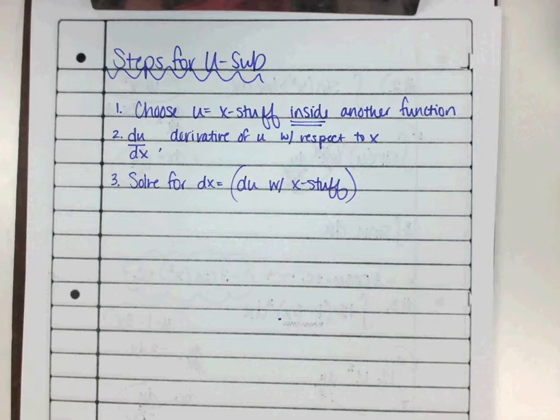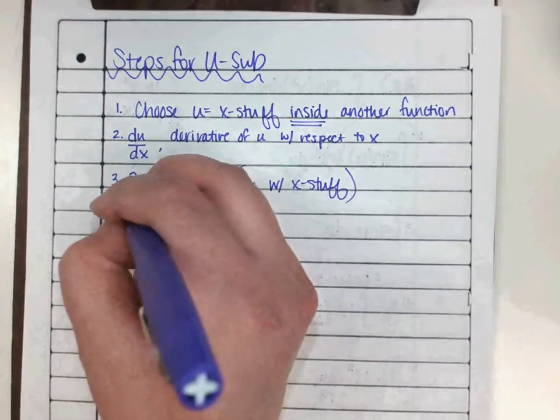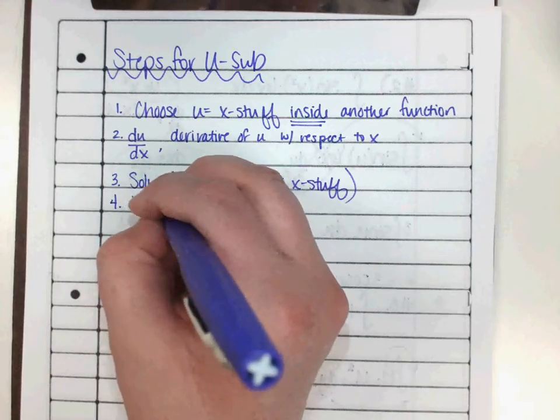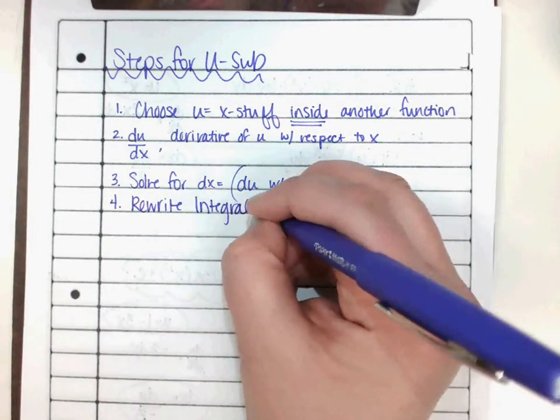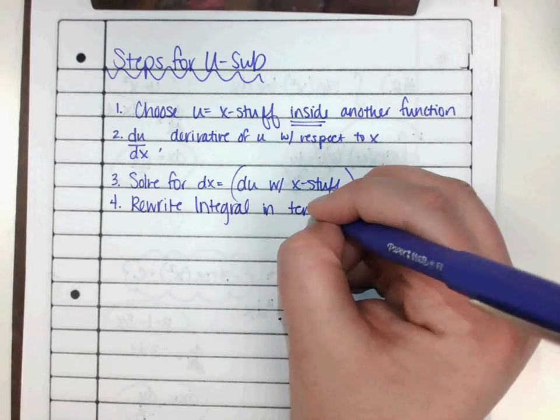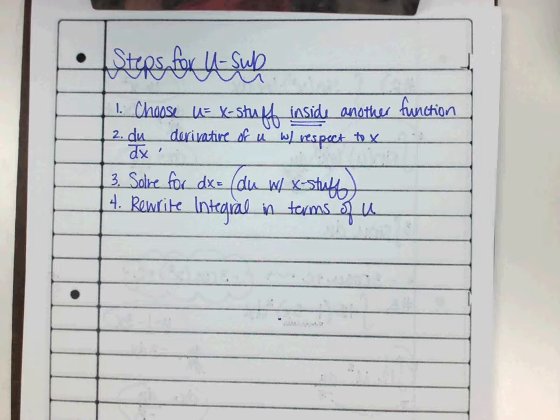Okay? After you do that, 3 more steps left. Number 4, you are going to rewrite the integral in terms of u. Now, in this step, what am I allowed to pull outside of the integral? What type of thing? Constants only. So I'm going to put a little star here.